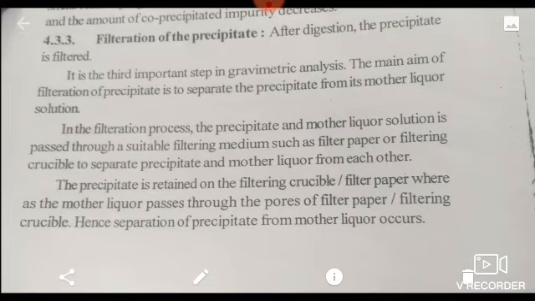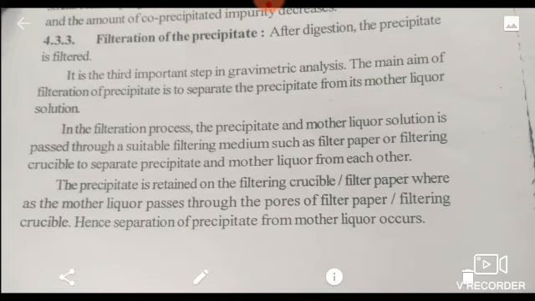So what is filtration? Filtration is simply the separation of the precipitate from the mother liquor by using an aid, that is the filter paper, crucible or filter mats.